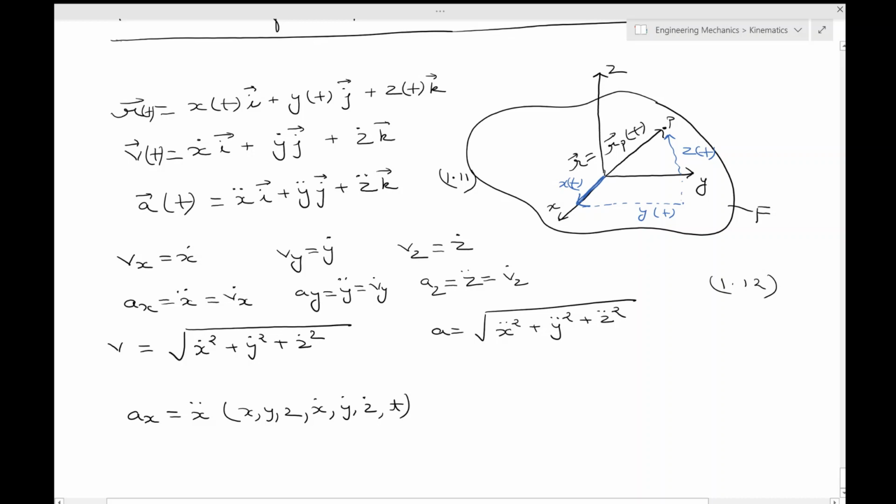Okay, because the acceleration is actually depending on the position and the velocities.